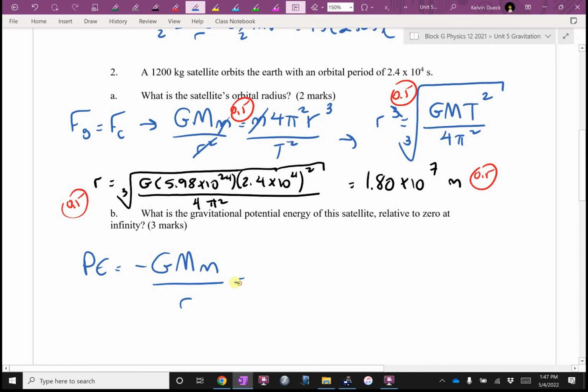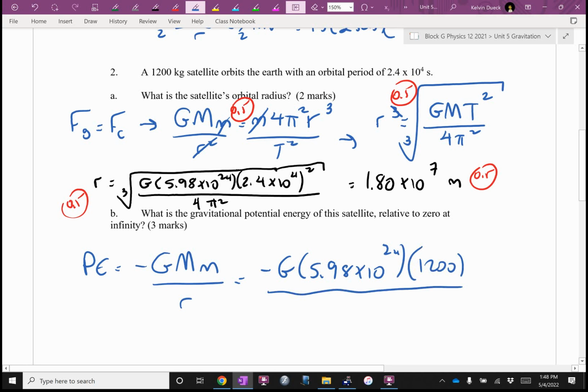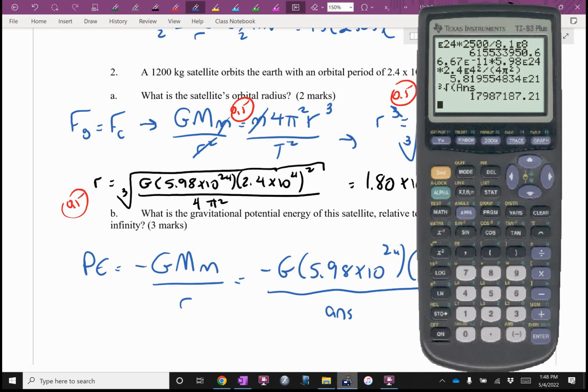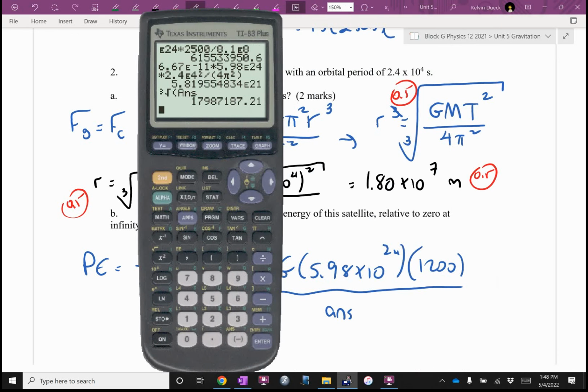It's going to be negative big G 5.98 times 10 to the 24th, 1200, all divided by, I guess my answer button's going to go right there. You know what I'm actually going to do?